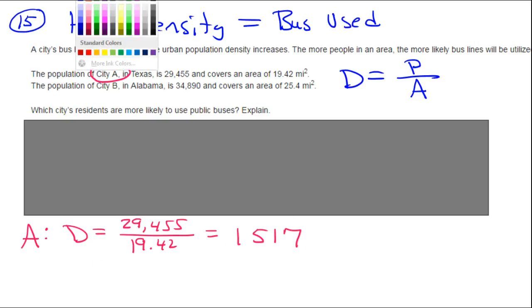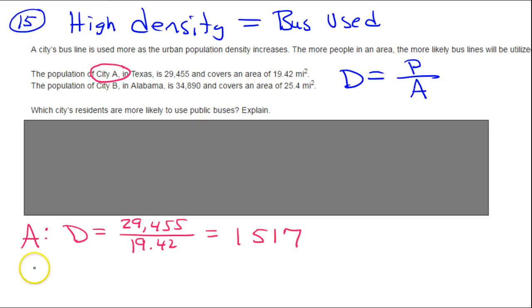Okay, now let's do the same thing for city B. Okay, so that's going to be population of 34,890 divided by an area of 25.4 square miles.